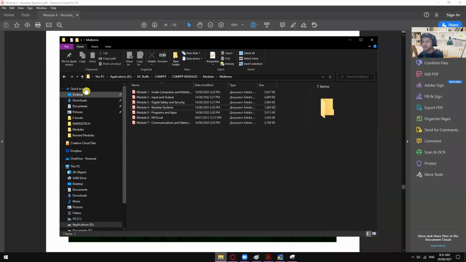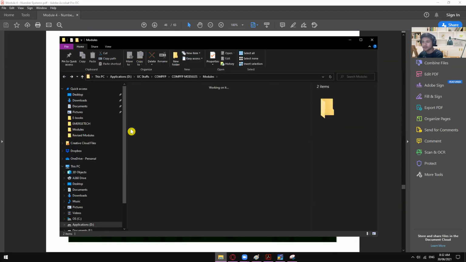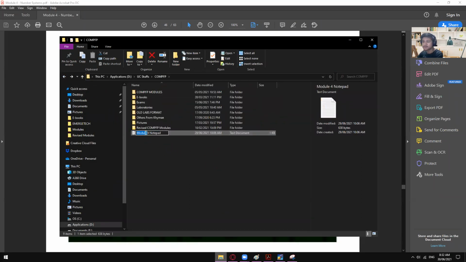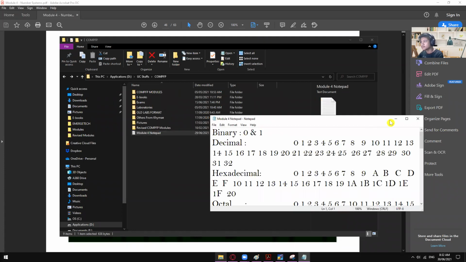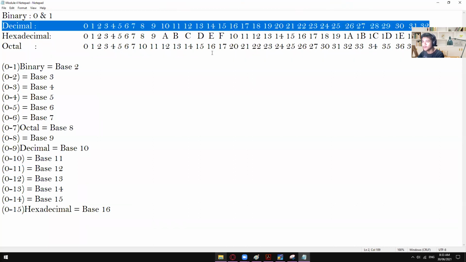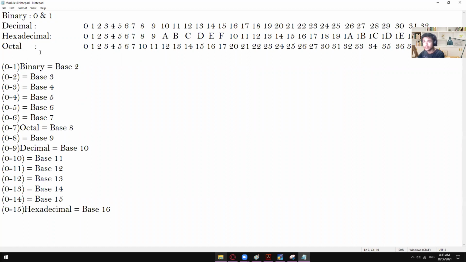So going back, I actually saved the notepad. Going back right here, we have the decimal. This is the normal way of counting things for us humans and computers. But in octal, it has a different method.